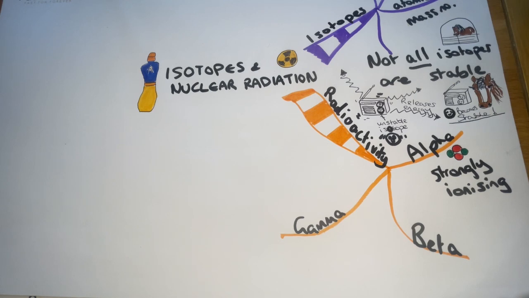So we're not talking about creating negative ions here when they gain electrons. We're only talking about knocking electrons out of atoms and causing positive ions. Why? Why does it do that? Why does it cause atoms to lose electrons and form positive ions?